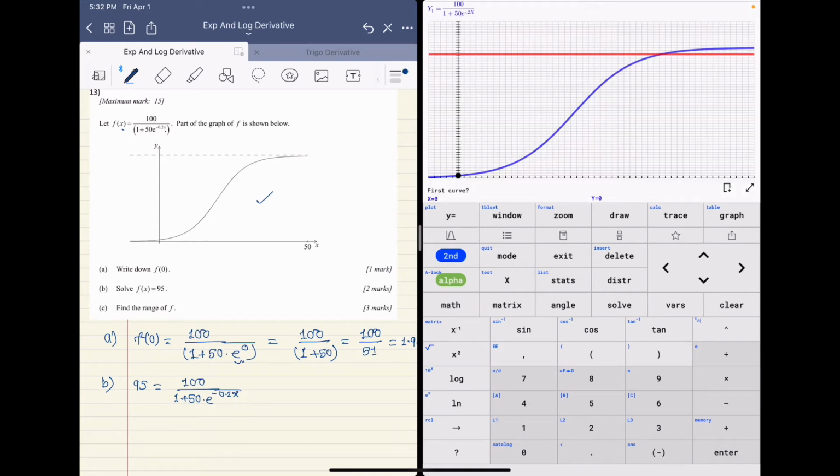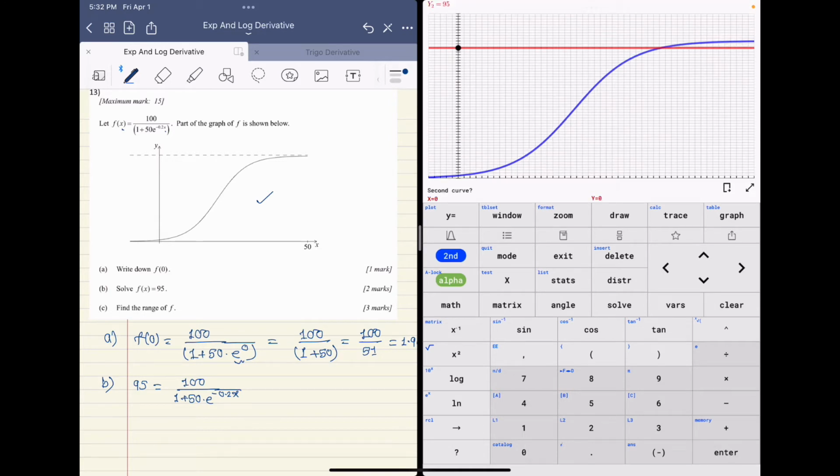They say first curve, yes, enter. Second curve, automatically it comes, because there are two curves, and guess, yes, and you can see the point of intersection over there, and that point is 34.28 comma 95.00.